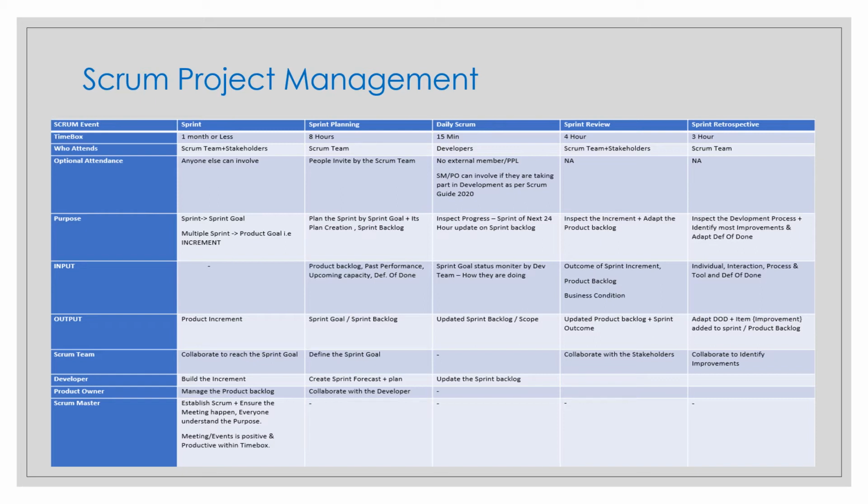They are self-organized. So every sprint will have a new sprint backlog. Any unfinished work remaining in a particular sprint backlog at the end of the sprint will be put back into the product backlog again, and the product owner will decide what should happen next. The product backlog is the product owner's accountability, while for the sprint backlog the developers are accountable. So we can see that the developers own the sprint backlog.